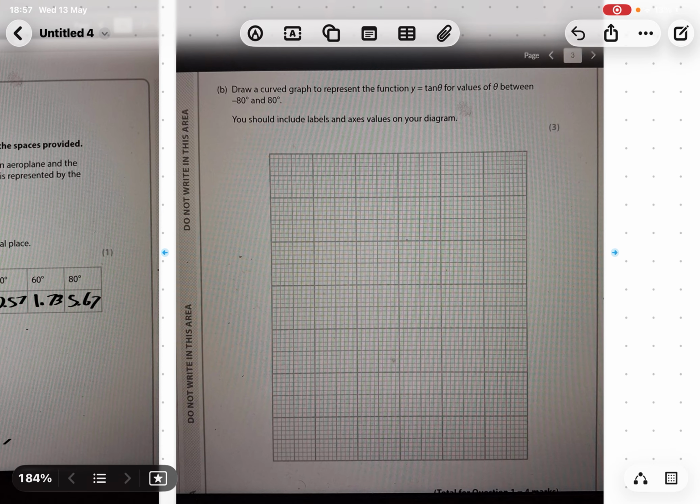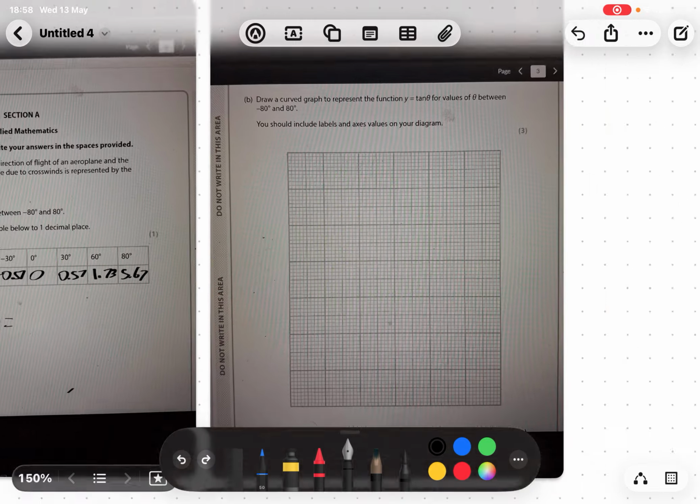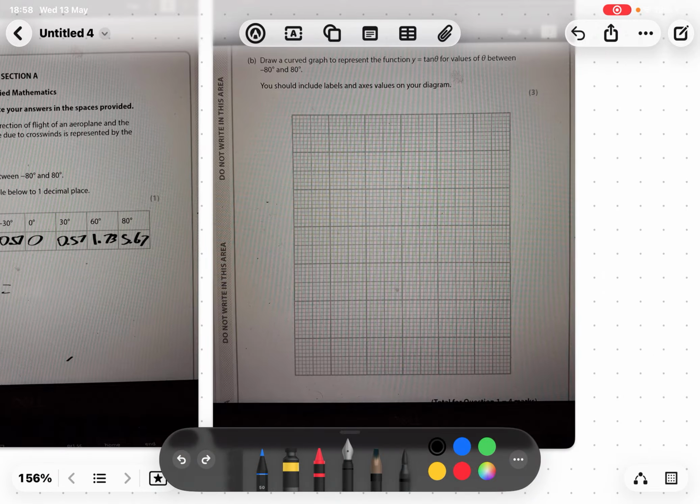We're asked to draw a curved graph to represent the function y equals tan x for the values of the degrees. You should include labels and so on. There are many kinds of graphs, by the way.